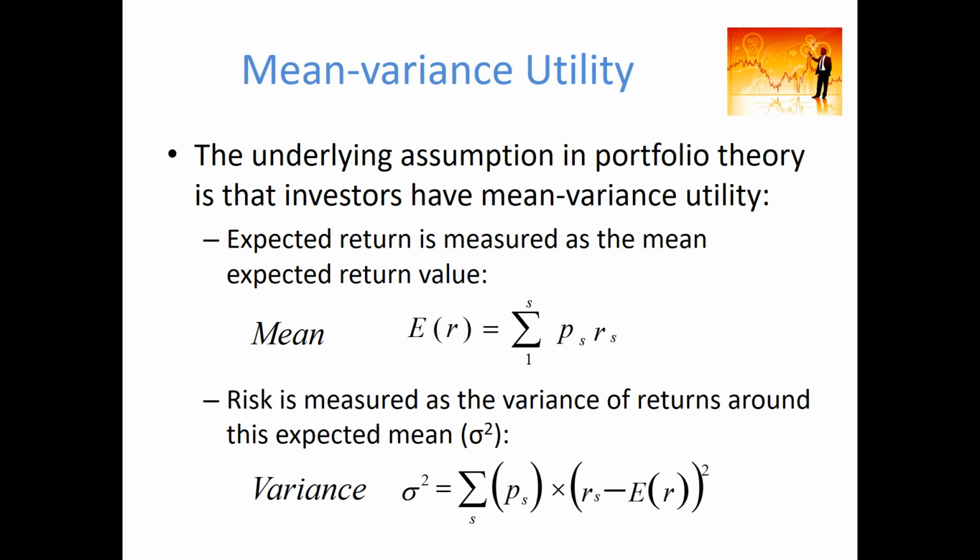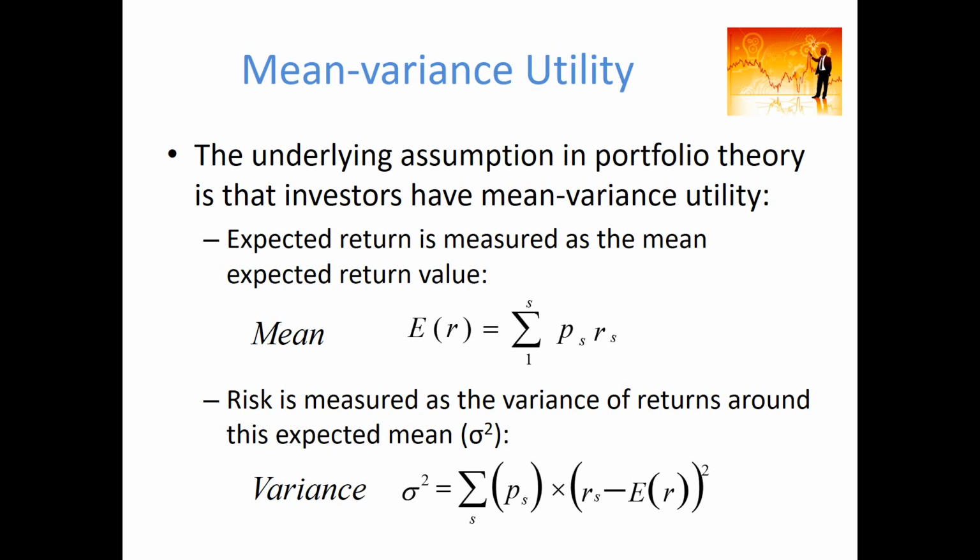The investors only care about the expected return and risk of their investment. That means investors only look at the risk and return trade-off, nothing else. They want higher expected return and they dislike higher risk. More importantly, under mean variance utility, risk is measured as the variance of the asset the investor is holding.